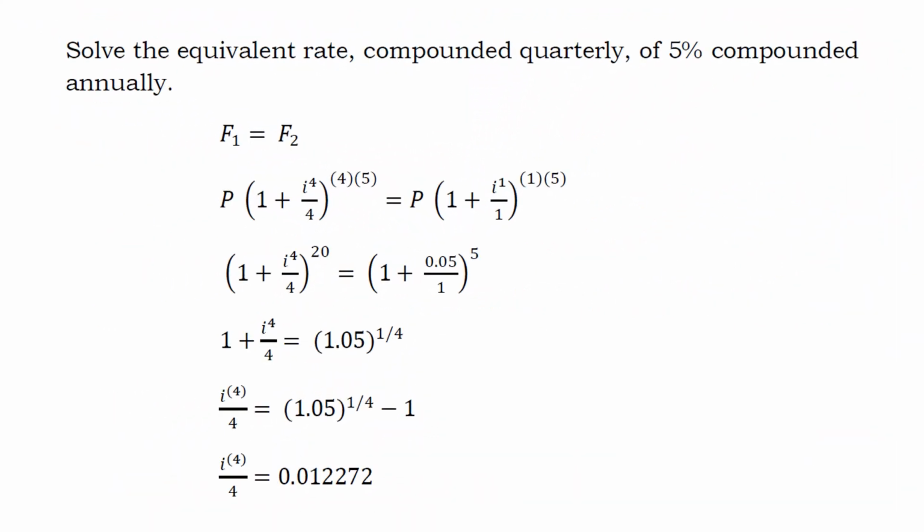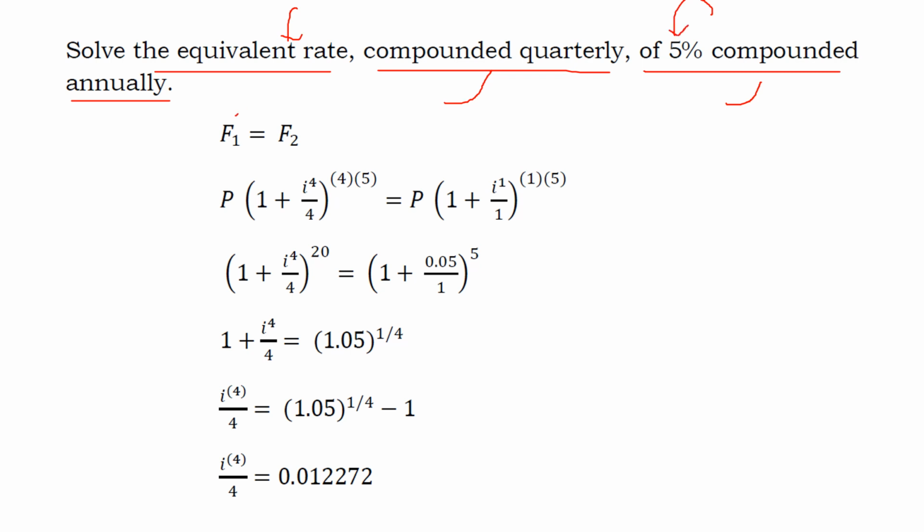Let's solve for the equivalent rate, compounded quarterly, and a 5% compounded annually. As you can see here, we're asked to solve for the equivalent rate concerning this compounded quarterly and your compounded annually, applying the 5% interest rate.